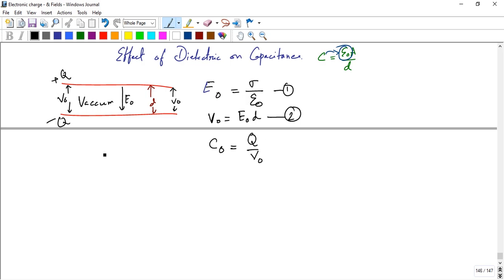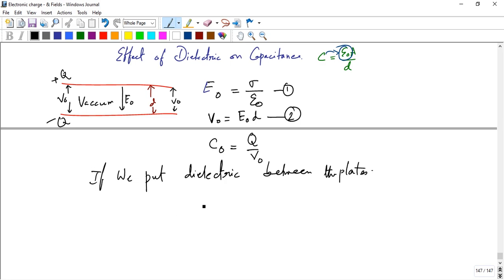When I put a dielectric between the plates, the surface charge density between the plates changes to sigma, and another is sigma p. So if we put a dielectric between the plates, between the equipotential surfaces, E equals sigma minus sigma p over epsilon naught.